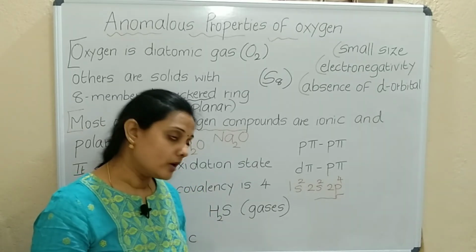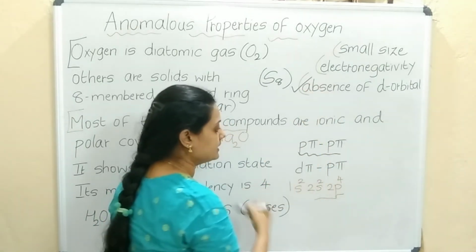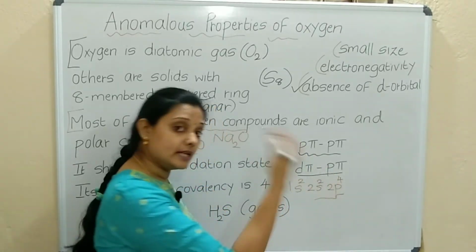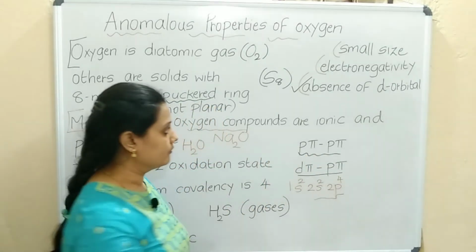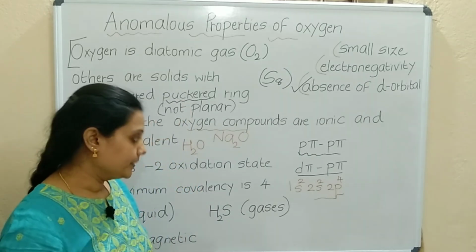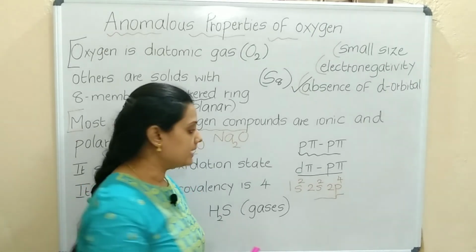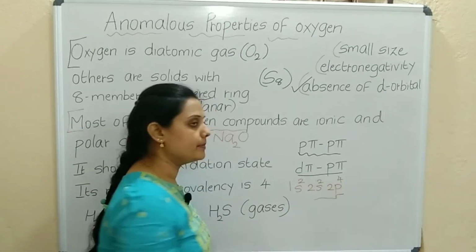Why is it so? Because in oxygen d orbital is absent, but in other elements starting from sulfur onwards, d orbital is present. So this is the reason why oxygen forms p-pi p-pi and does not form d-pi to p-pi bonds.